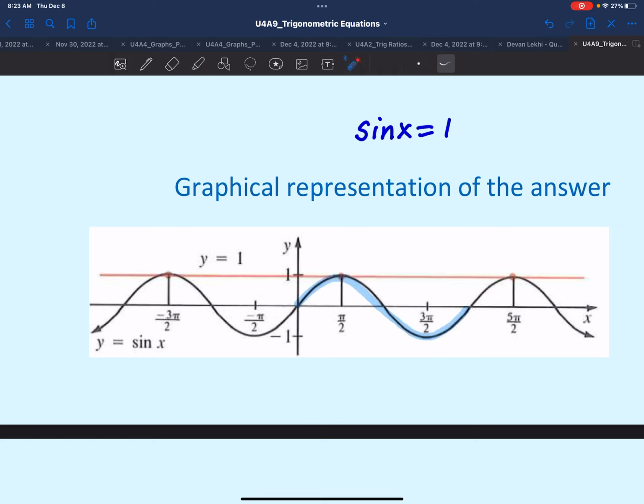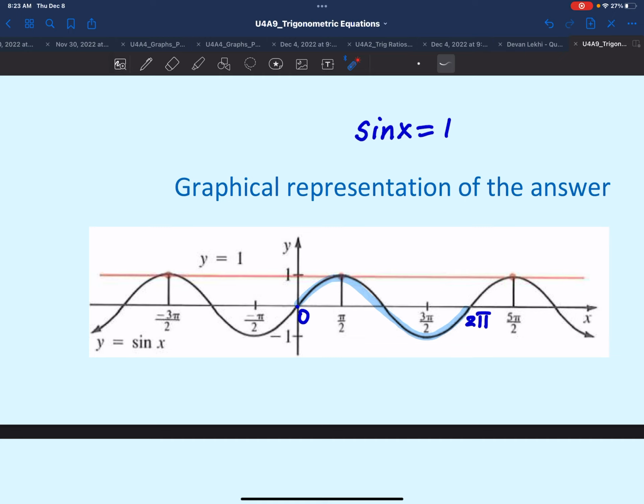This is the portion of the graph we are looking at because that's from 0 to 2 pi. So sine of x will have a value of 1. This is the line y equals 1. As you can see, it intersects the sine of x only at this point where x equals pi over 2. And we are talking again about this specific domain, which tells us that this would be the only solution we get for this equation.